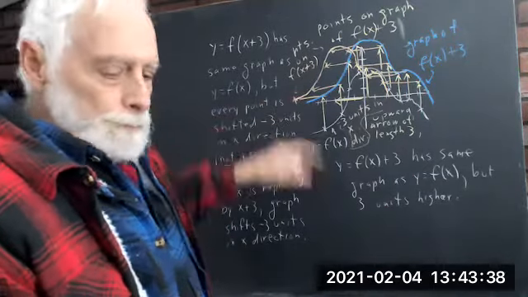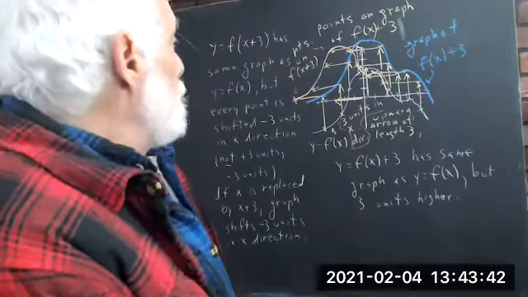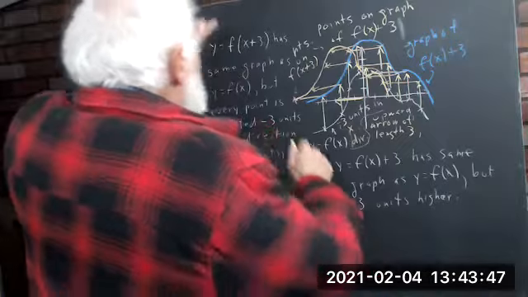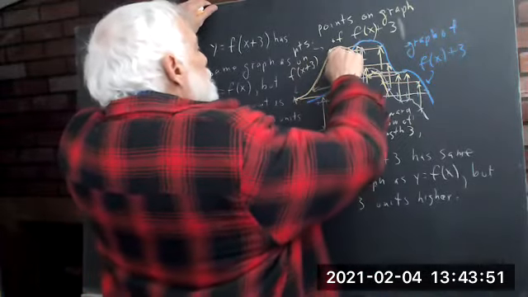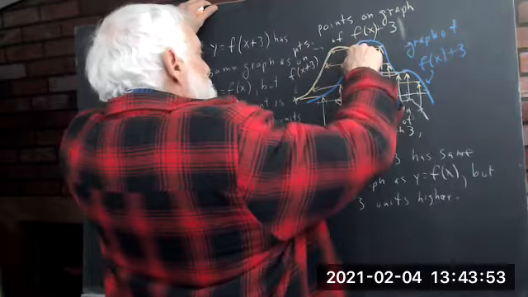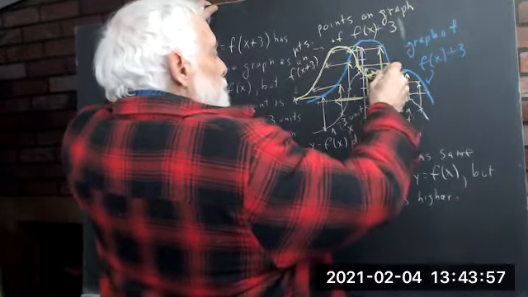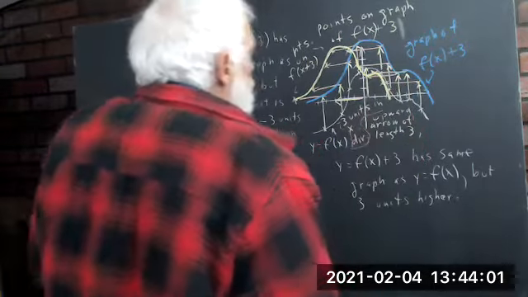So here is our graph of f of quantity x plus 3. And actually, I meant to make that graph in a different color. And the screen's doing a pretty good job of smearing out that orange. Okay.